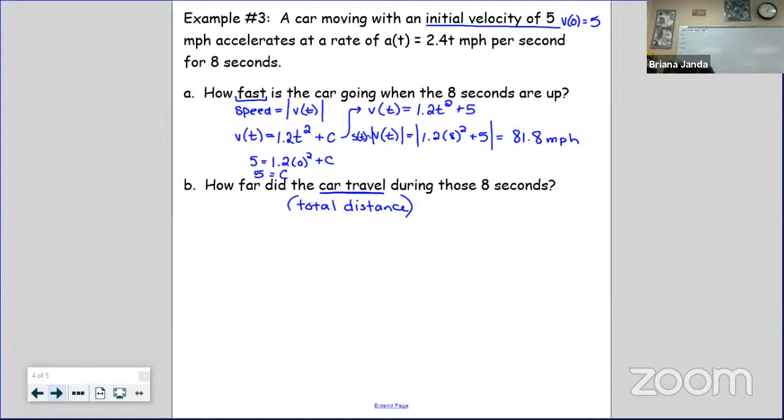Therefore, because our velocity is always positive, then our car is always traveling forward.